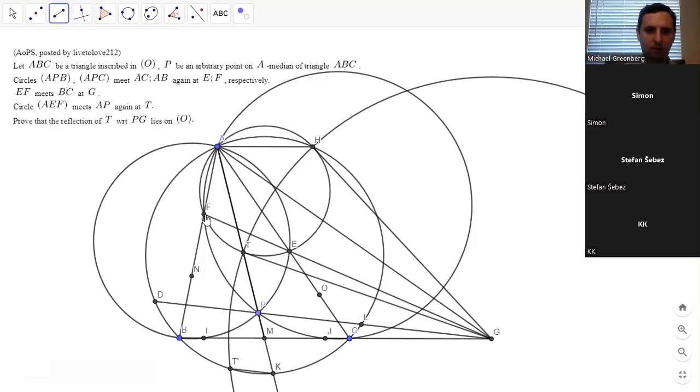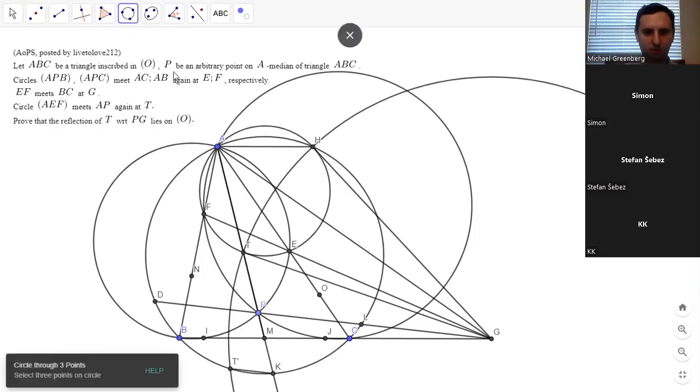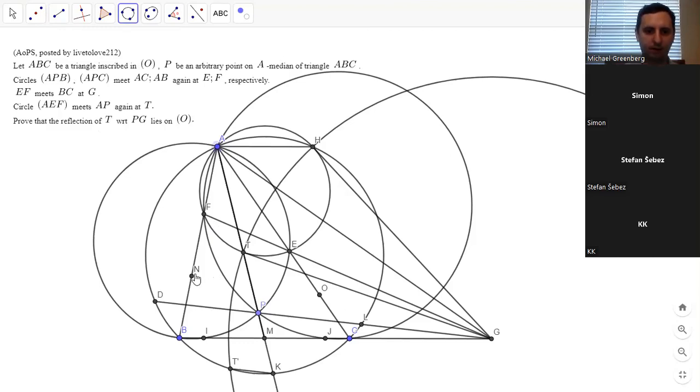Yeah, then it is obvious that A and PO is cyclic. Okay. Basically, N and O are corresponding points, and that means that POE, that angle, is PNB. Okay.